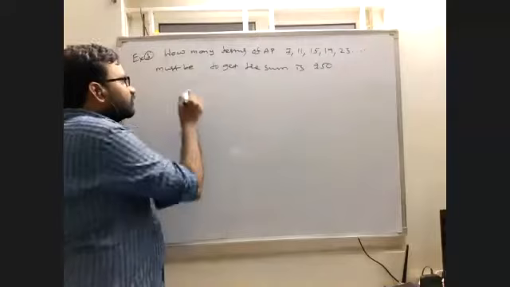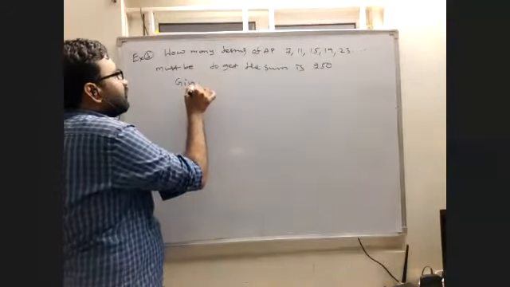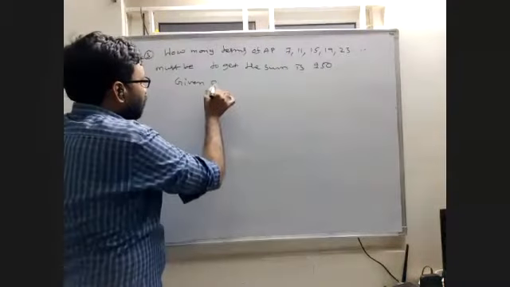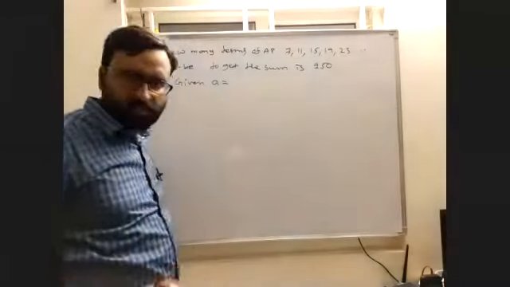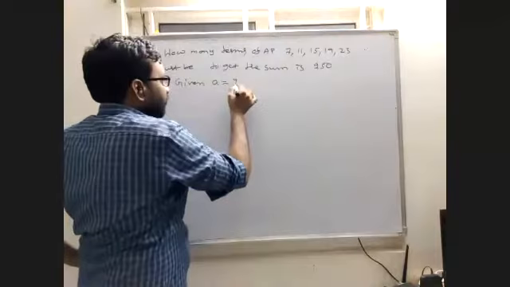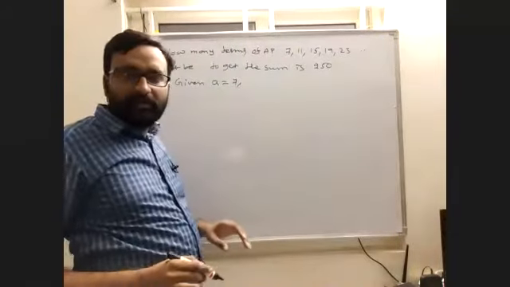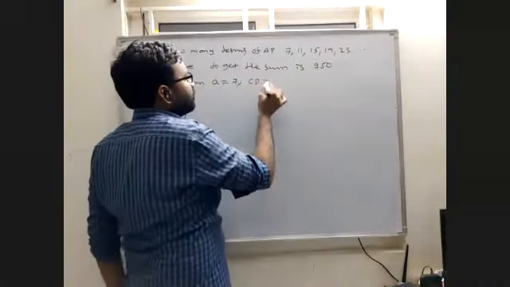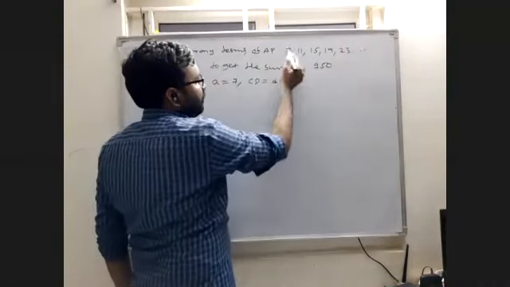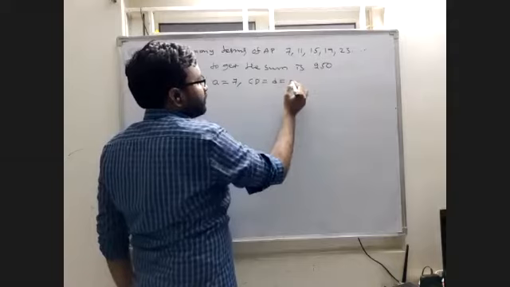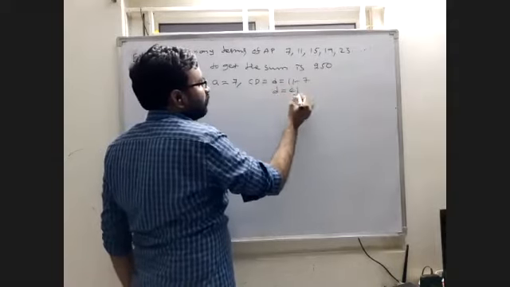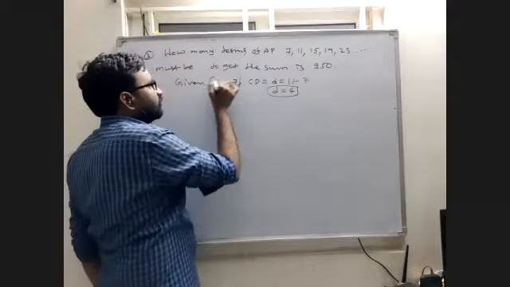So now, from this AP series, we can write the first term a is 7, and the common difference d is equal to 11 minus 7, so d is equal to 4, a is equal to 7.